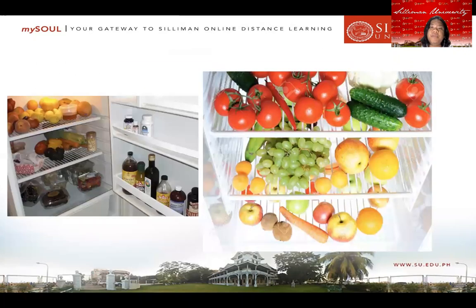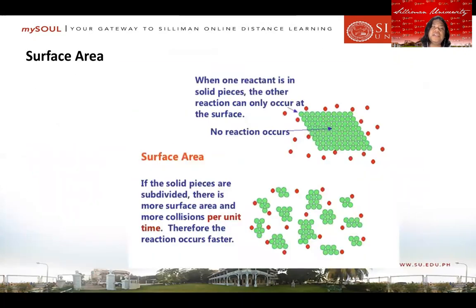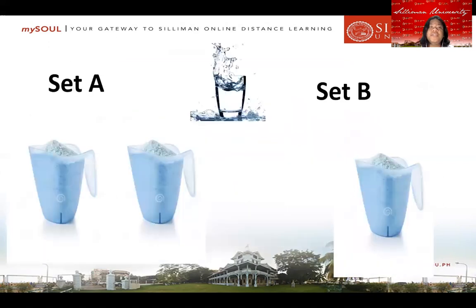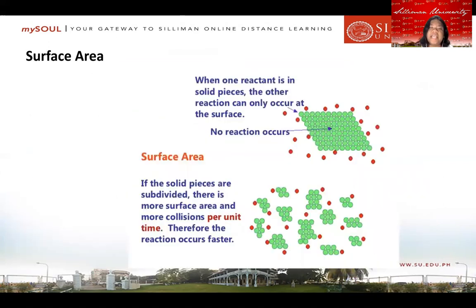So that is the temperature, the concentration, and the next one is the surface area. The surface area, the same with temperature and concentration, is also the same. The more surface area is exposed to interactions, then there will be more collisions, and therefore there will be a faster reaction.